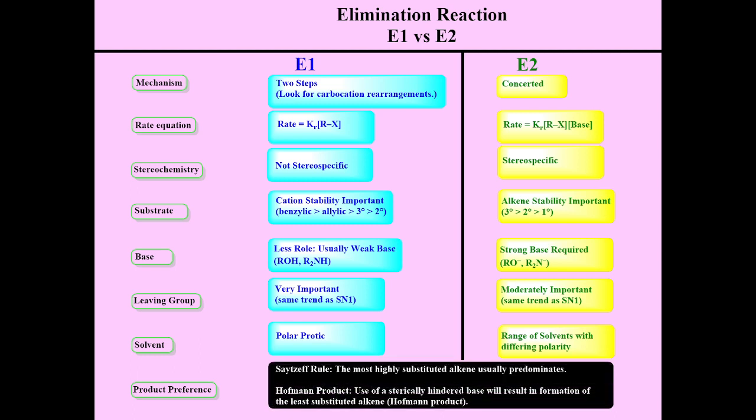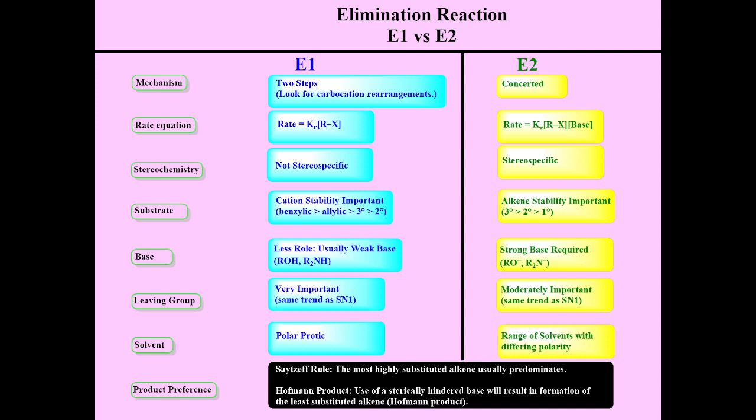In case of product preference, with the Saytzeff rule, the most highly substituted alkene usually predominates, and with the Hofmann product, a sterically hindered base will usually result in the formation of the least substituted alkene, and those will be called the Hofmann product. So if the product is a highly substituted olefin, it will be said to be the Saytzeff product.